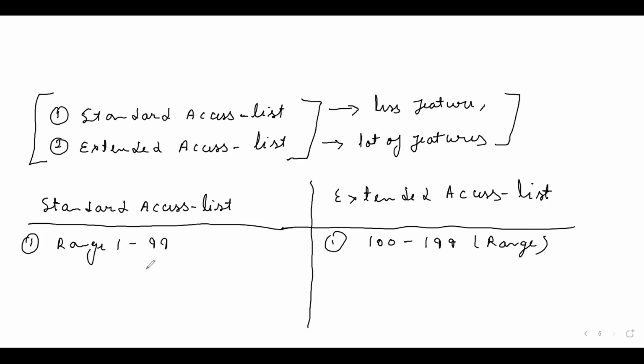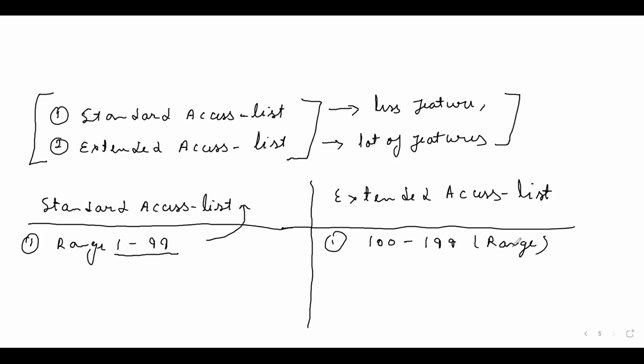This number will define which access list I am using. Suppose that any access list I am using, suppose access list 10. So I will understand, okay, that is standard access list because it is between 1 to 99, right?